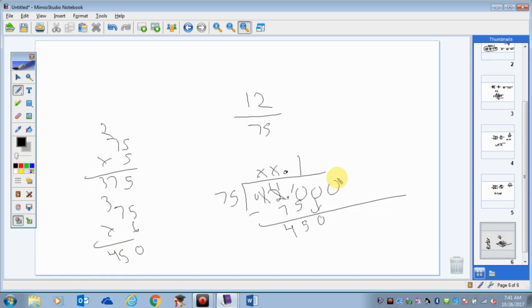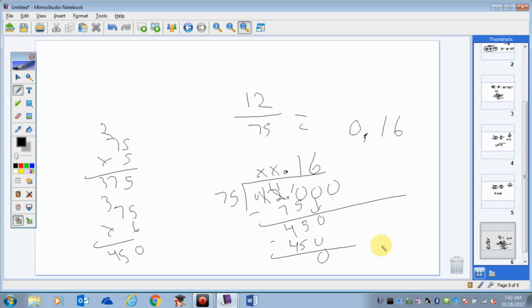So it goes in exactly 6 times. With 6 times 75 being 450. So by doing that, I've got my answer. My answer for this is going to be 0.16. So 12 over 75 is equal to 0.16, and I had to use method 2.